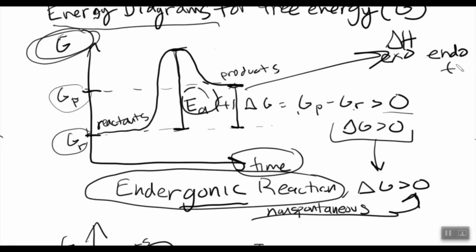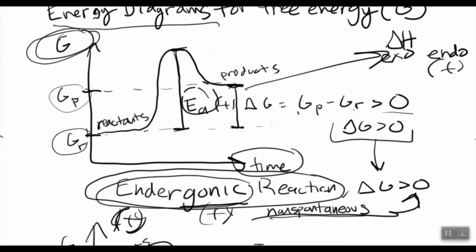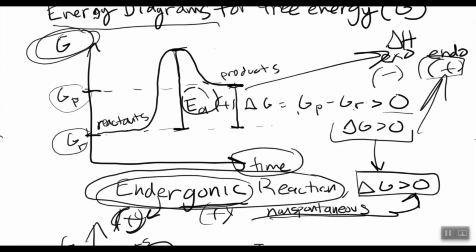So like endothermic for positive, endergonic for, ender is the same thing as endo. They're analogous. So since endergonic means non-spontaneous, it will also indicate a positive delta G. And a good way to remember it is by referring to the prefixes for the delta H's, and you know how a negative delta H is exothermic and a positive delta H is endothermic.